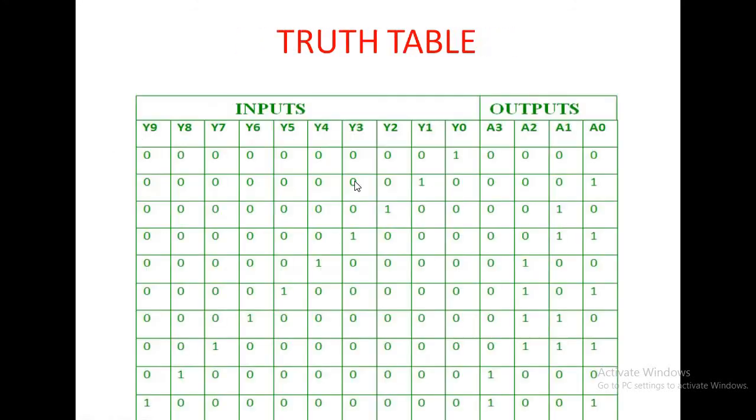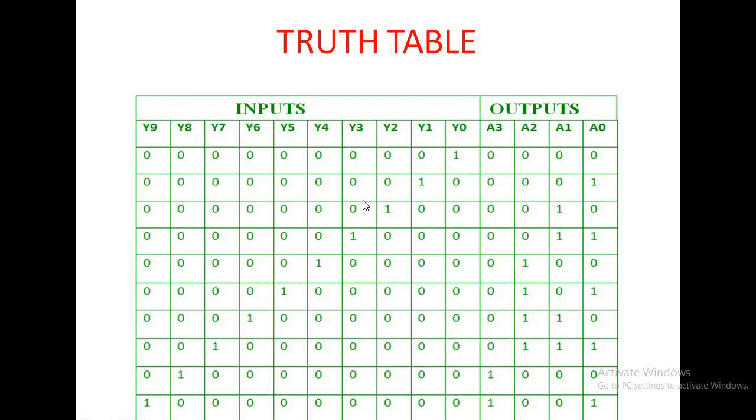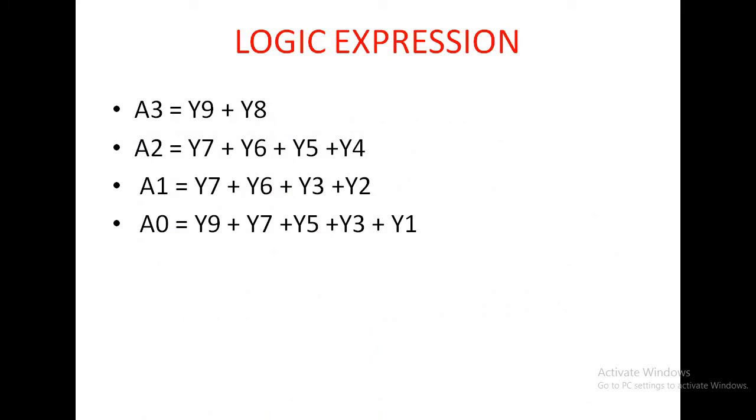So see, when Y2 is 1, A1 is 1. When Y3 is 1, A1 is 1. And when Y6 is 1, A1 is 1. And when Y7 is 1, A1 is 1. So A1 is equal to Y7 plus Y6 plus Y3 plus Y2. And A0 is equal to Y9 plus Y7 plus Y5 plus Y3 plus Y1.